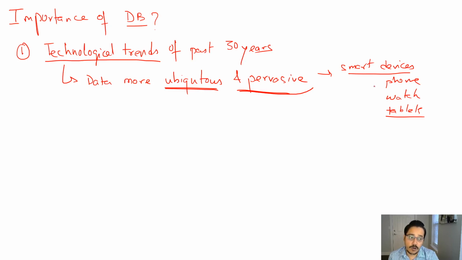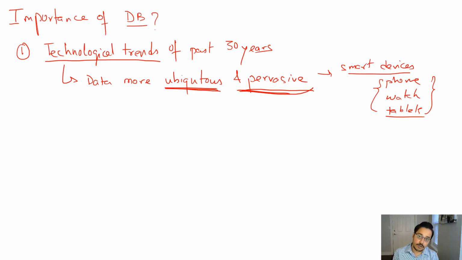And we use all of these devices, which makes the data collection pervasive, right? It relates to our way of life. And since we have access to these devices and the growth of internet and cell connectivity has improved over the last 30 years, the data that is generated by these devices makes data available everywhere.